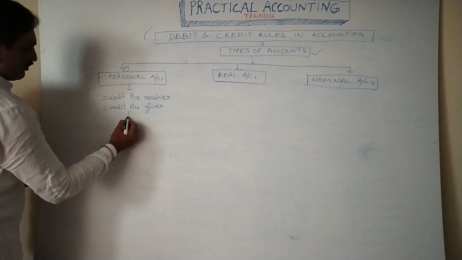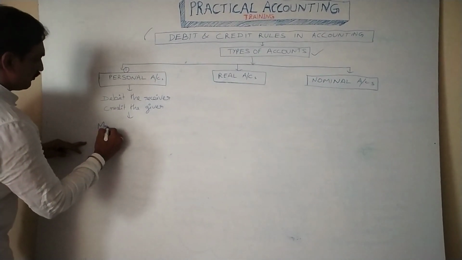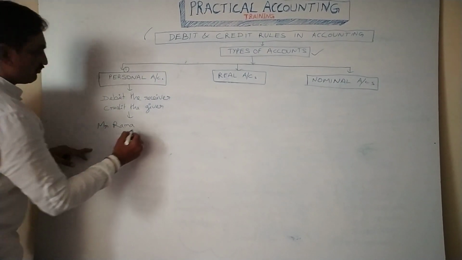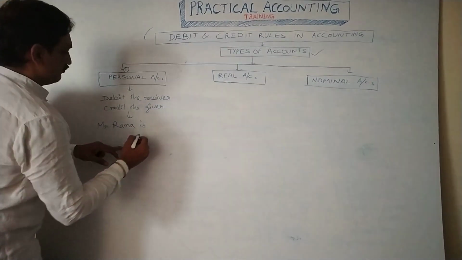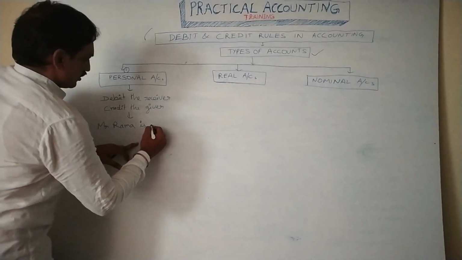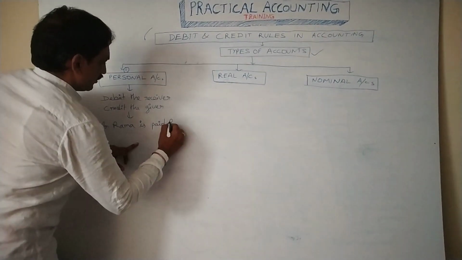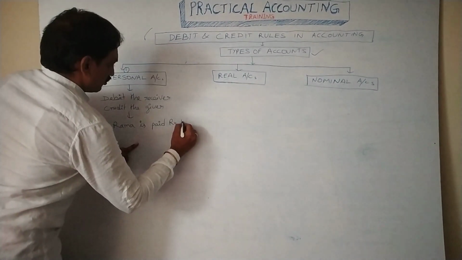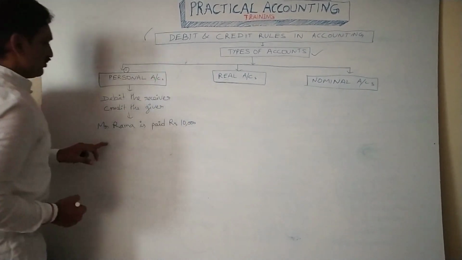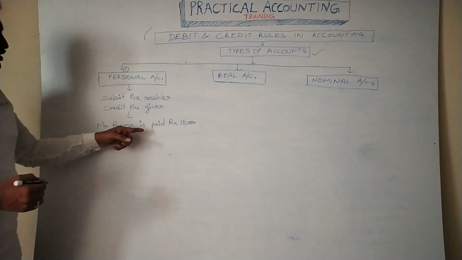See, for example, Mr. Rama is paid rupees 10,000. Rama, how much paid? 10,000.